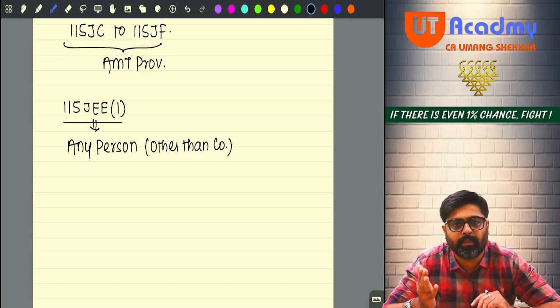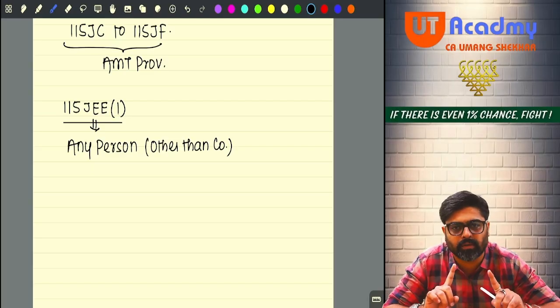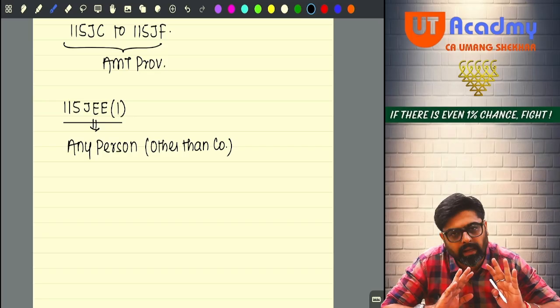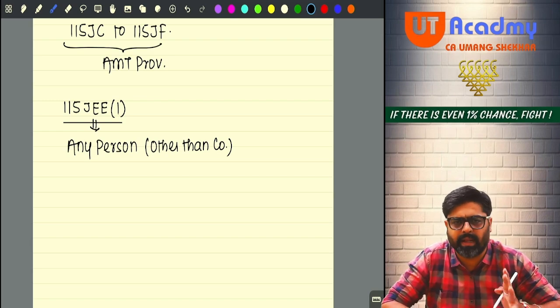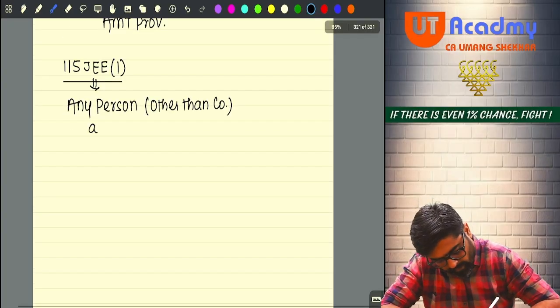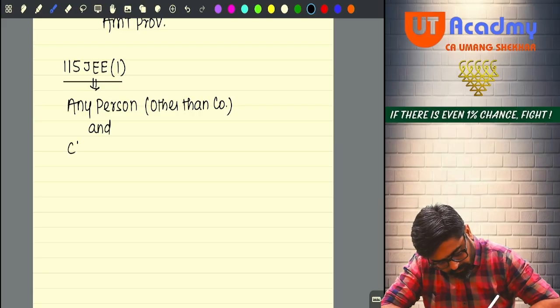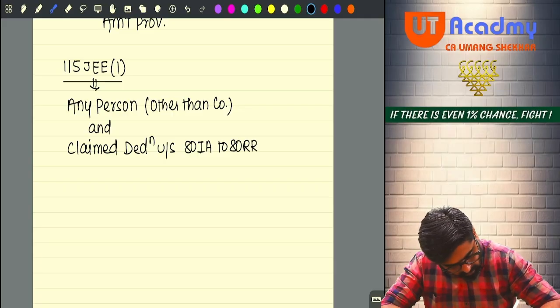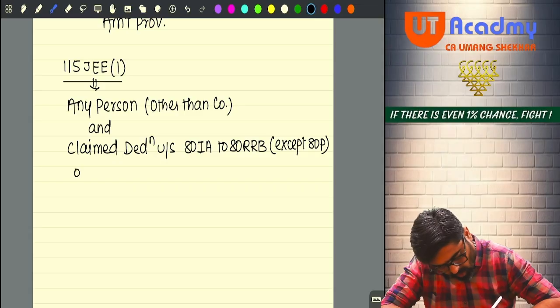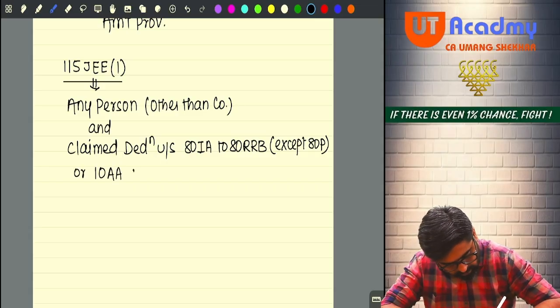Yes or no? These alternate minimum tax provisions are applicable to all the assessees, all types of persons other than a company. You can be an individual, HUF, AOP, BOI, firm, LLP, you can be any person. And such person has claimed deduction under section 80IA to 80RRB except 80P, or he has claimed deduction under section 10AA, or he has claimed deduction under section 35AD.